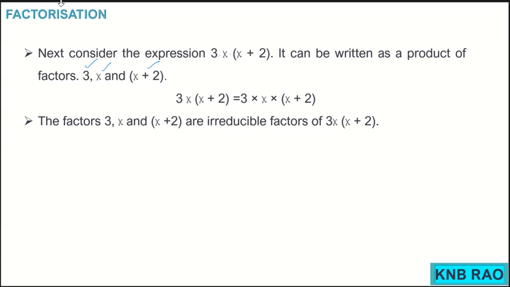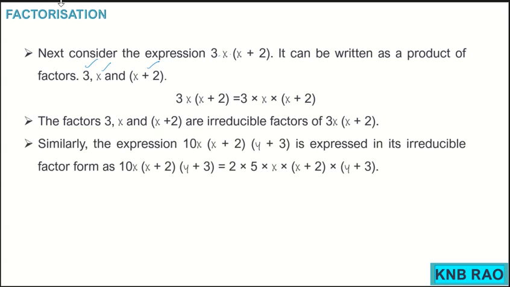Now let us take another example. The expression 10x into (x plus 2) into (y plus 3). Here you could find 4 factors: 10, x, x plus 2 and y plus 3. Can I say they are in irreducible form? No. Though x, x plus 2 and y plus 3 are irreducible, 10 can be further reduced as the product of 2 and 5.